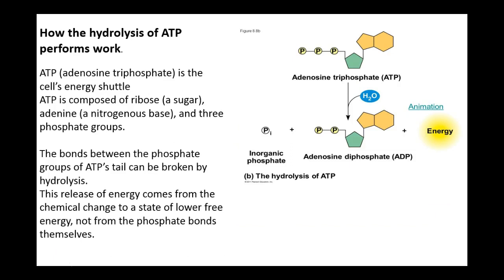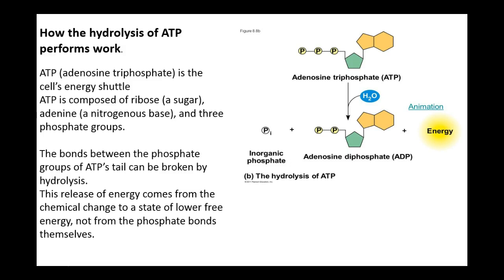There's the term ATP, adenosine triphosphate. It's what's known as the body's energy shuttle. It's composed of a ribose, that's a sugar, an adenine, which is a nitrogenous base, the same types of bases that make up your DNA, and 3 phosphate groups.